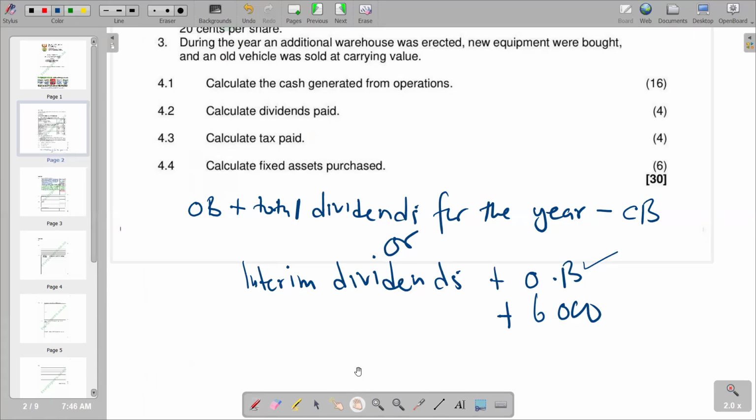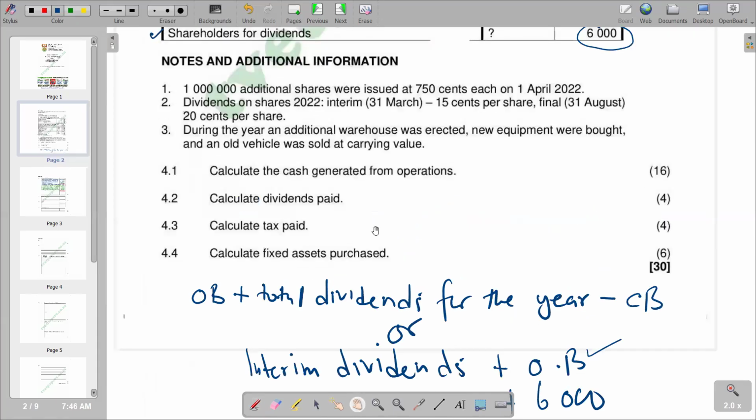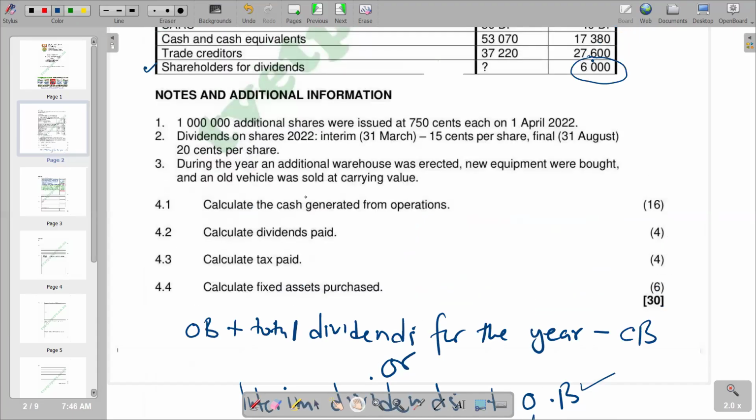Then we check how to calculate our interim dividends. If you come here, you'll see that it reads dividends on shares for 2022 interim. They were paid on 31 March, which is 15 cents per share. That's our interim, so we can just take note of that, so that we've got our interim mentioned here.